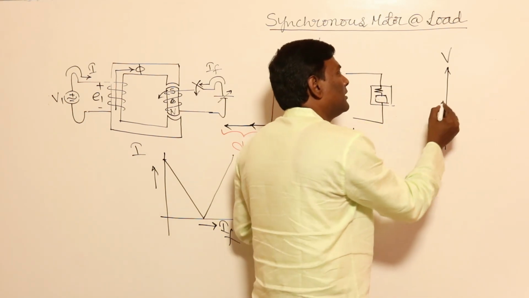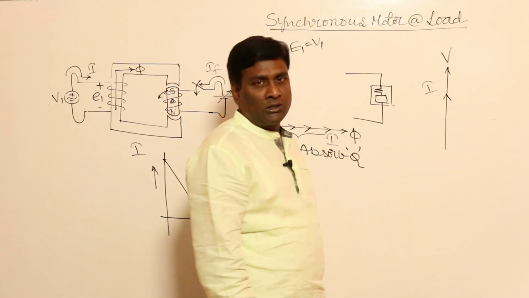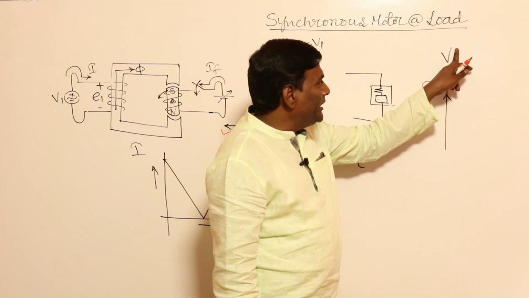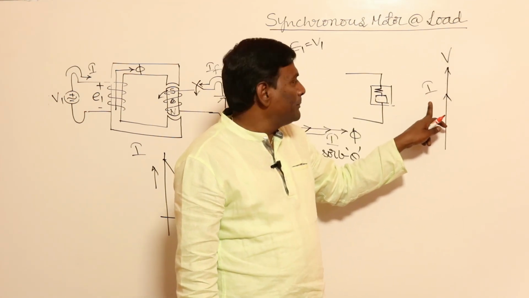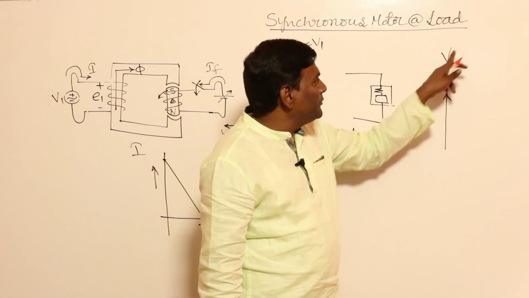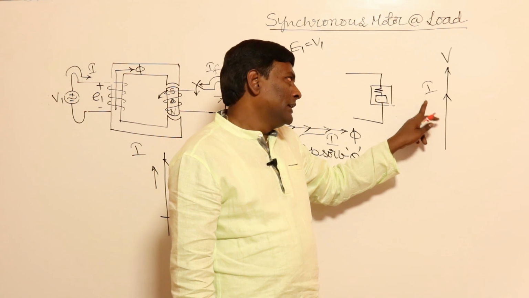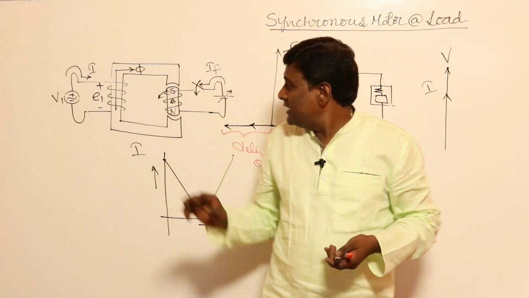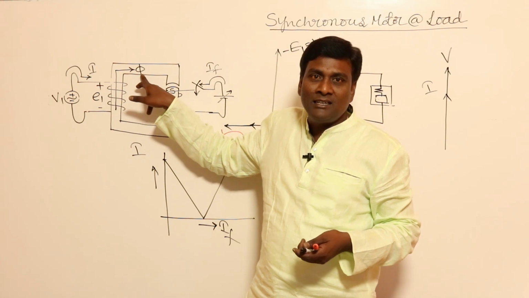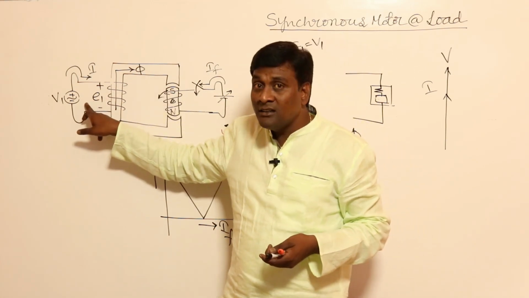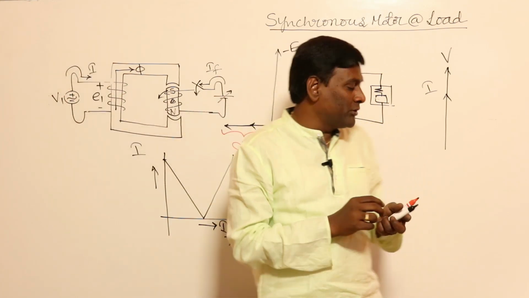For example, this is my motor power. So VI cos phi, the power factor, is unity. Under that condition, V into I is going to be 100 kilowatt, for example. Now, in this motor, if I supply field which is less than required, then my stator has to operate at lagging conditions such that it has to absorb reactive power.